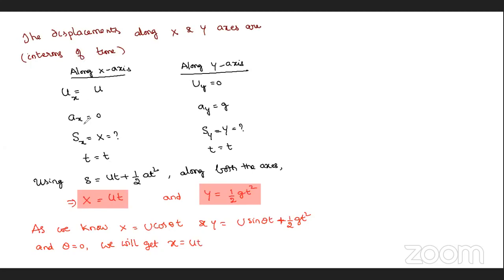Same as you derived in the lengthy procedure. And y is equals to, theta 0, so this whole thing becomes 0, 0 plus half g t square. Same thing. Okay, no problem.